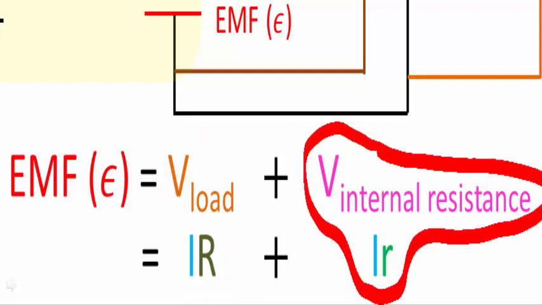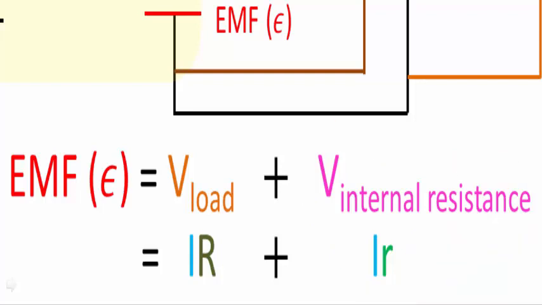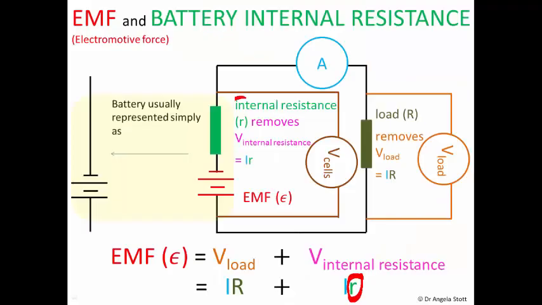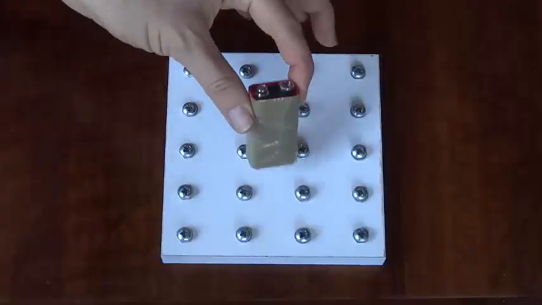In other words, the current strength flowing through the circuit multiplied by the internal resistance of the battery, small r. So EMF is equal to I capital R plus I small r. And we're going to use this formula to solve for what little r is, to find out what the value of the battery internal resistance is for this particular battery.